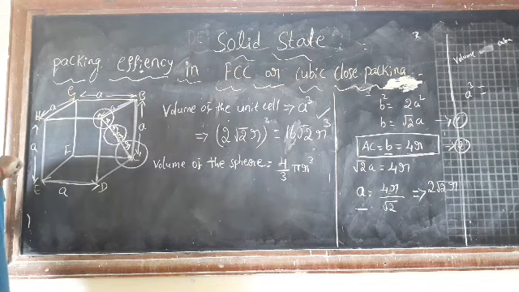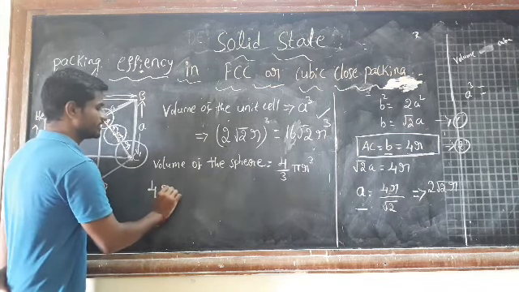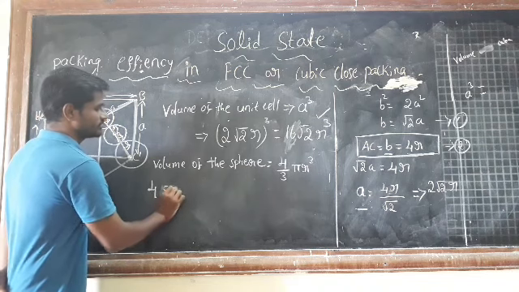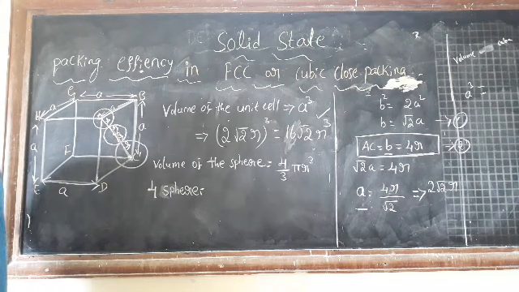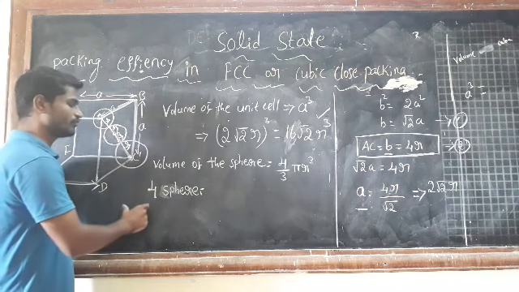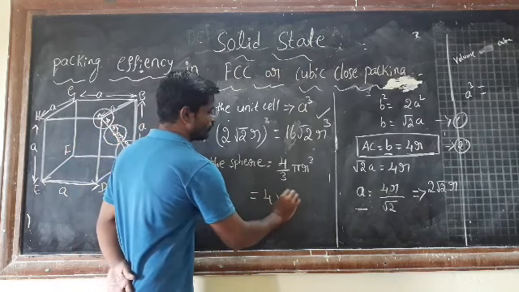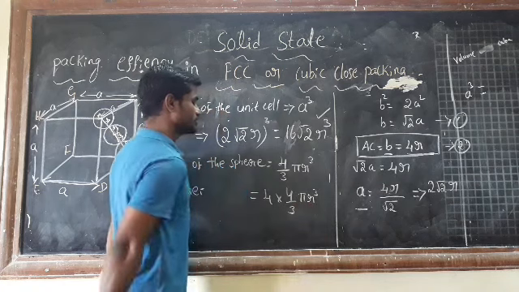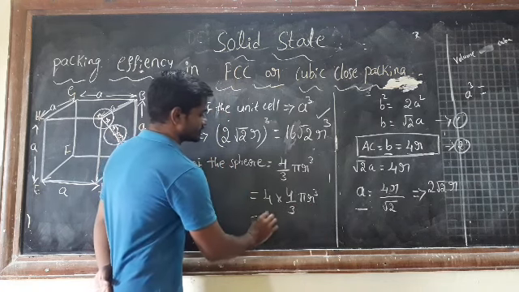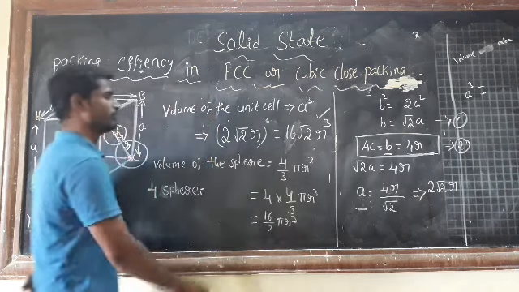In the last class we calculated that there are 4 spheres present in the FCC. So the volume of the 4 spheres is equal to 4 into 4 divided by 3 pi r cube, that is 16 by 3 pi r cube.